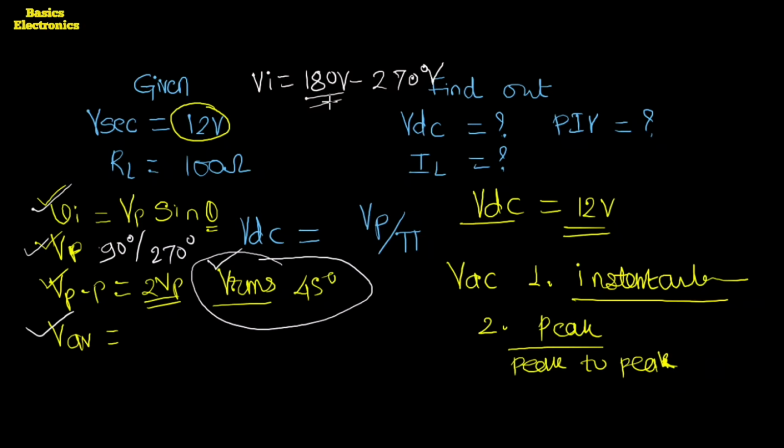Okay, so if the rating is given, suppose one wire we buy from the shopkeeper, then on that wire's bundle there is a rating, and that rating is the maximum current rating.